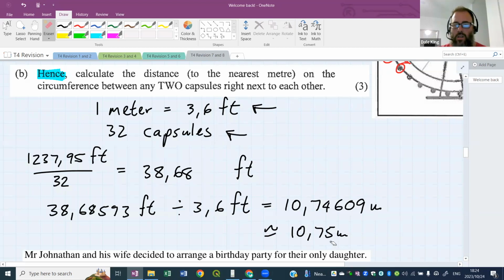But if your answer is wrong, like 10,74, in fact, like I said to you guys last week, if you're 10,74, they won't mark you down in the end. If you're one second decimal place off, they're not going to penalize you. If you get 10,7 when it should be 10,75, or if you get 10,79, then they'll take issue with that.